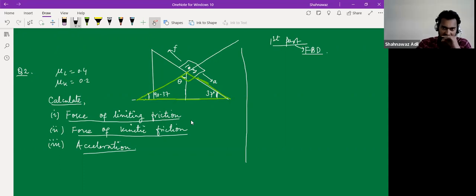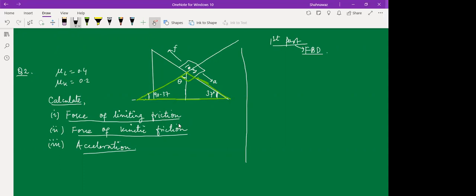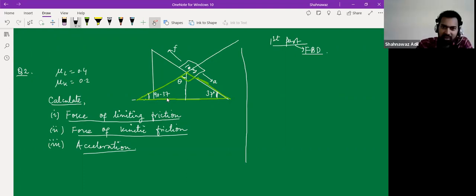Let me make a diagram. Let's just say this is theta for the time being, and this is 90 minus theta.